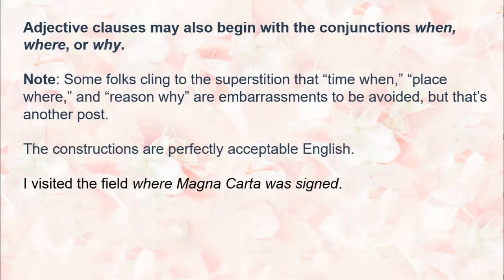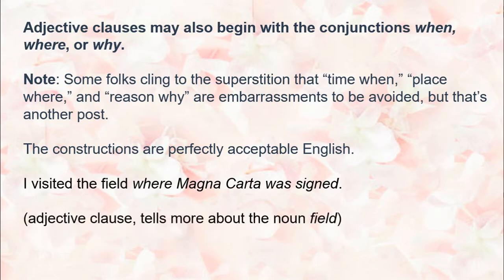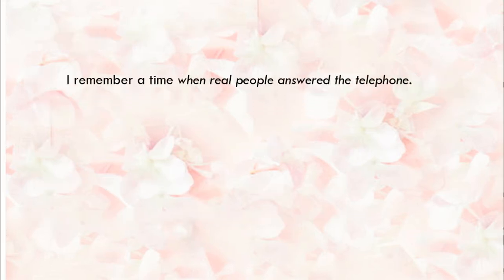For example, I visited the field where Magna Carta was signed. So "where Magna Carta was signed" is also an adjective clause because this clause tells more about the noun field. I remember a time when real people answered the telephone.